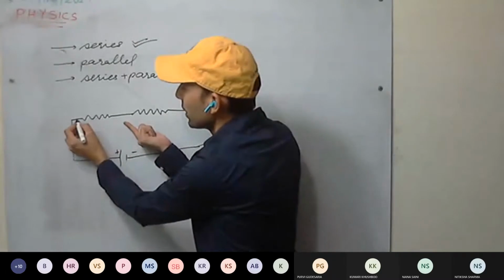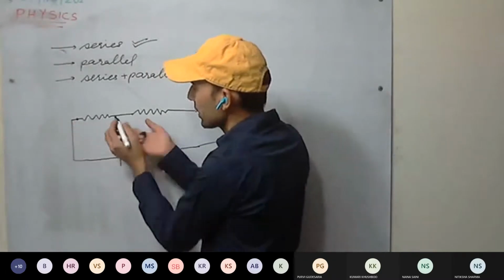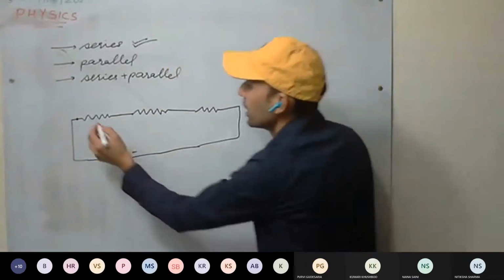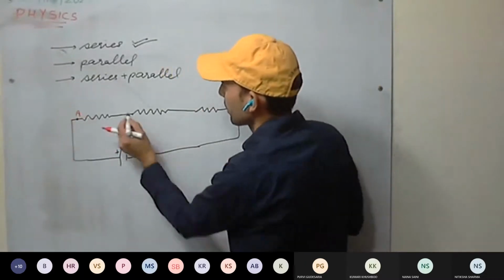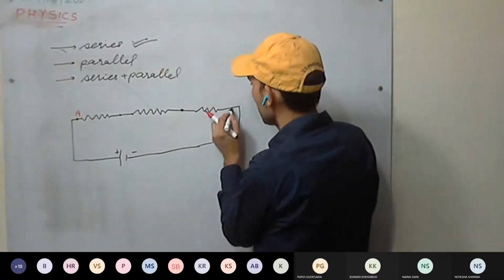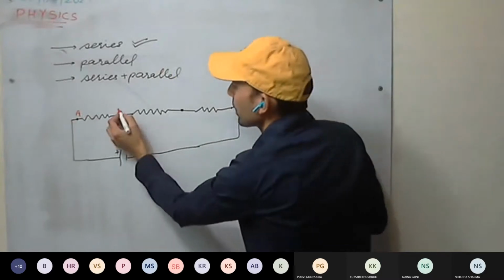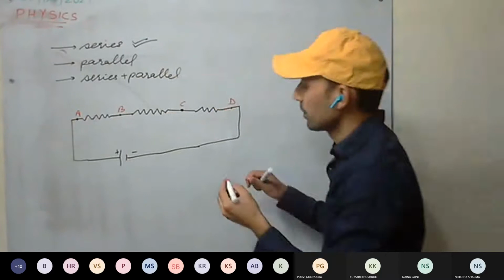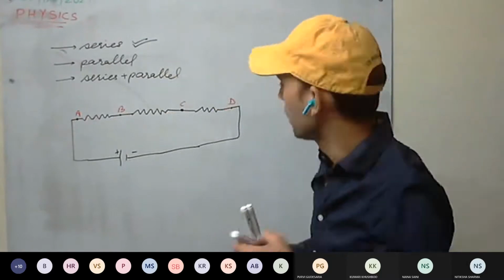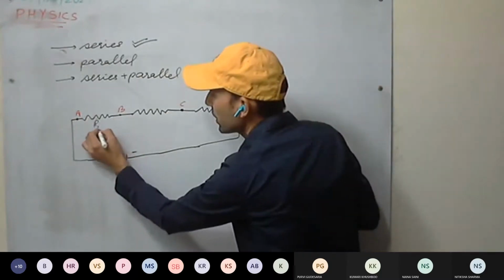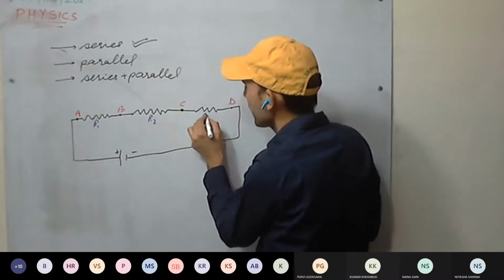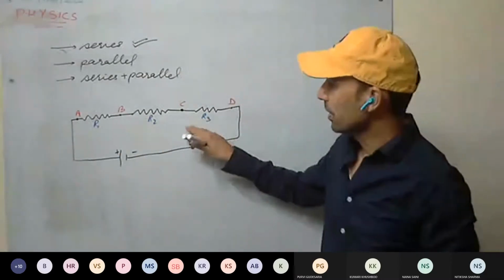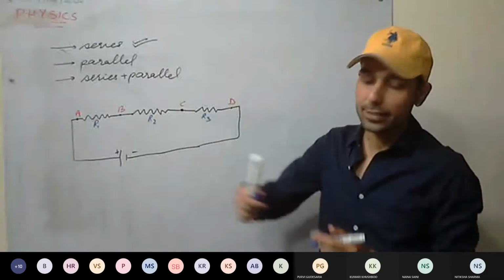This is one end of the resistor, this is the other end. I'll mark them A, B, C, D. The resistors are R1, R2, R3, their resistance values. There are three resistors connected in series.